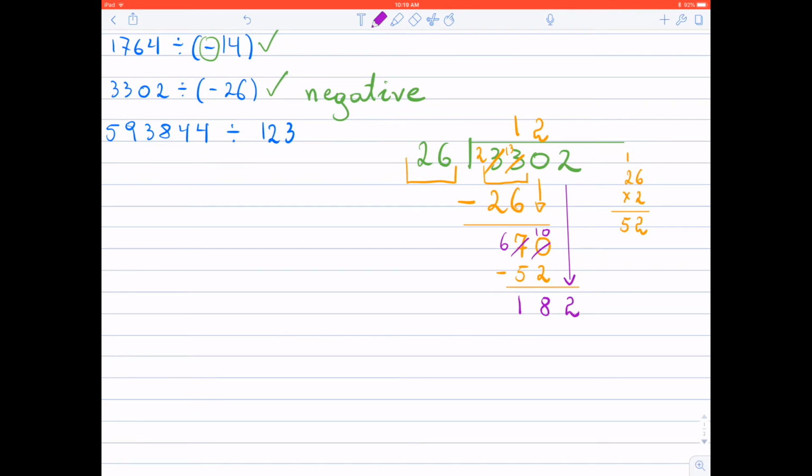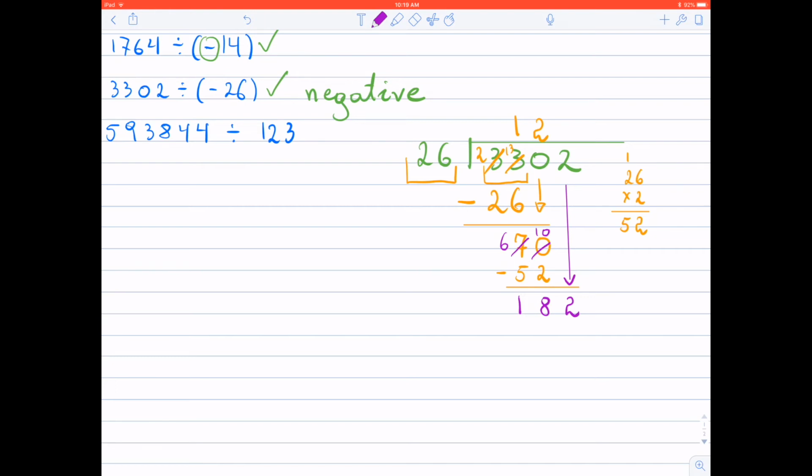And now again, we're going to have to try to guess. Okay, so, well, 26 is about 25. And now, if I count by 25s, we have 25 plus 25 is 50. And then plus 25 is 75.